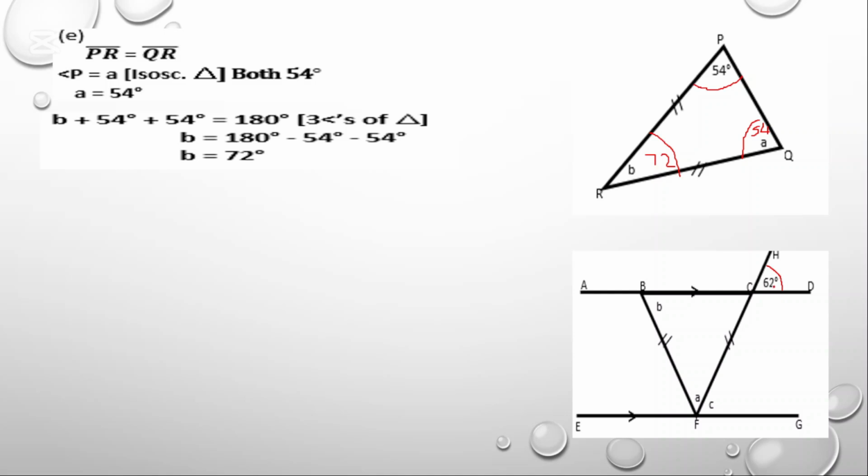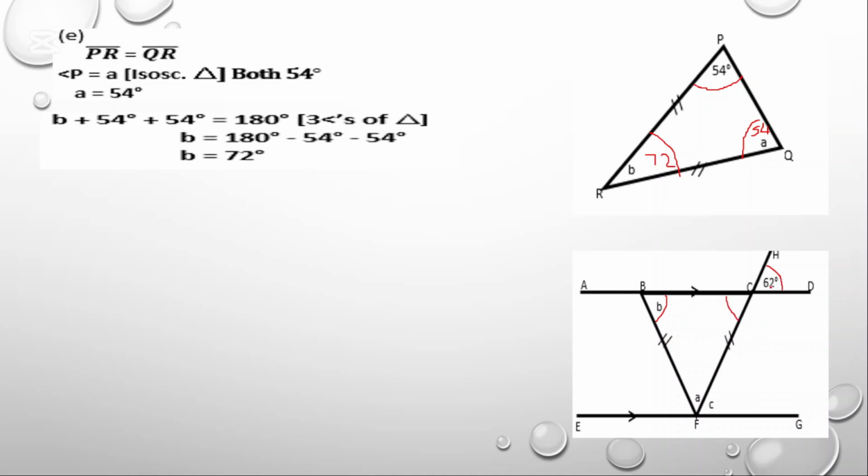So we'll have to work from the 62 and decide 62 and which other angle form a pair. But even before you get there, you can decide already which two angles in this isosceles triangle are equal. And you can write it here. This one is opposite this side and that one is opposite that side.